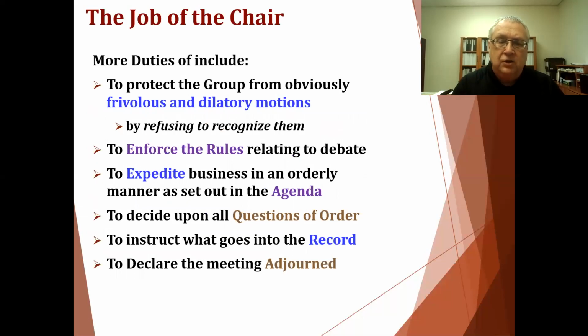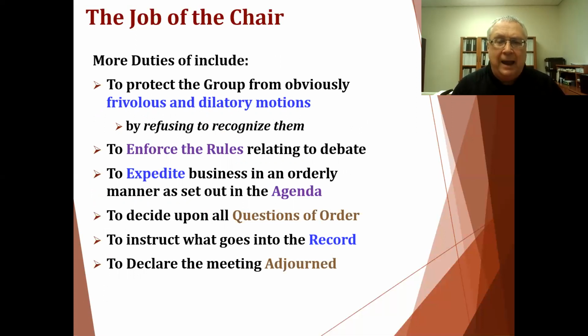The job of the chair is to make sure there are no frivolous, dilatory motions that waste time. And they do that through the power to recognize people to speak. The chair has the power to enforce rules, we'll learn about that as we learn Robert's Rules to a greater extent.